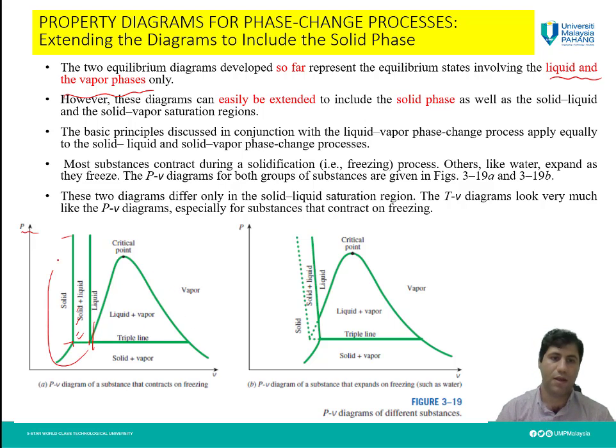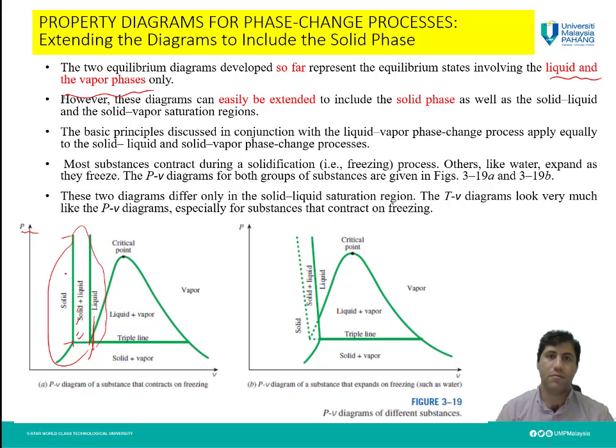We have only added this part, until here, to this PV graph, as you can see here. Volume constant for solid, volume constant for the liquid, and a sudden increase in the volume of the solid when it is melting.